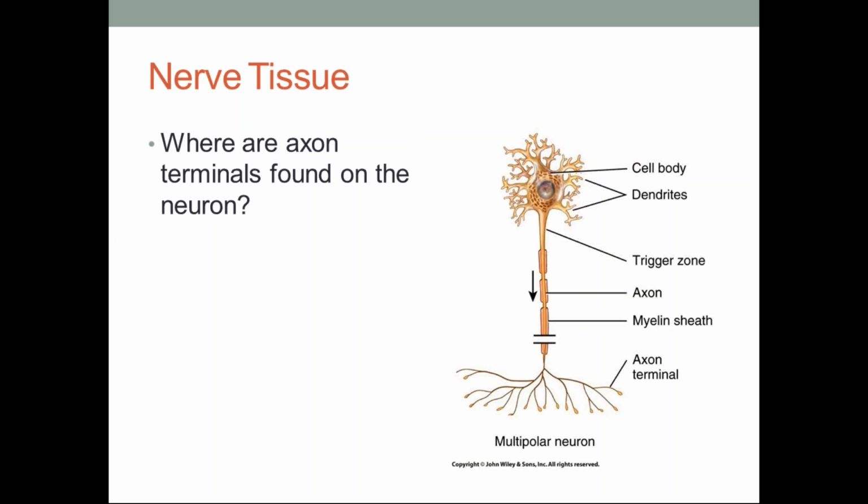All right, nerve tissue. Where are axon terminals found on the neuron? You're looking at the picture going, it's right there, Sheila. But how would you describe that?